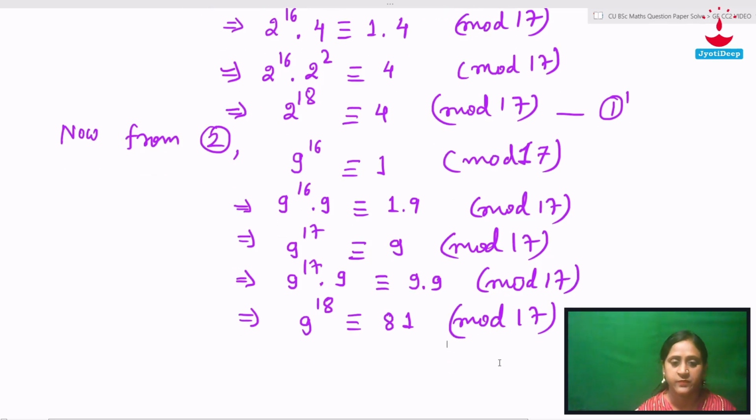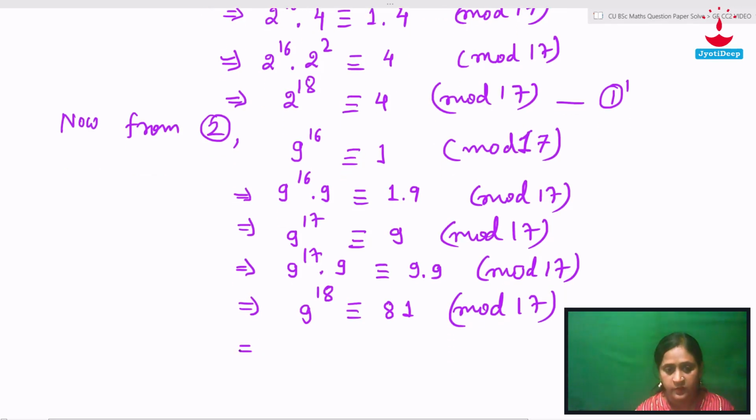Okay, so we can write 9 to the power 18 is congruent to, so 81, if we divide 81 by 17, it will be 17 4s are 68.